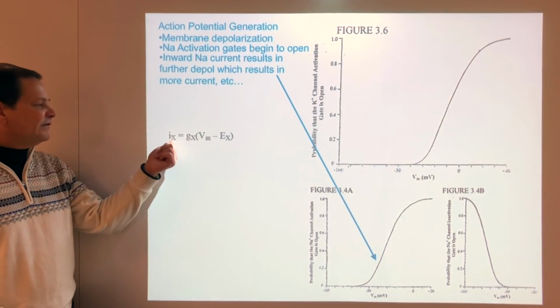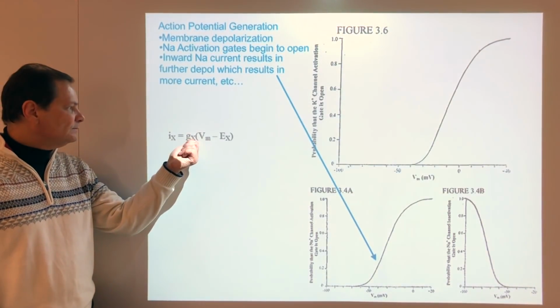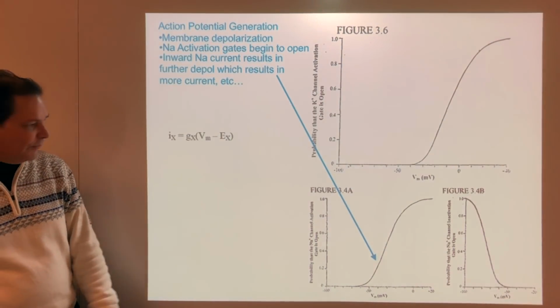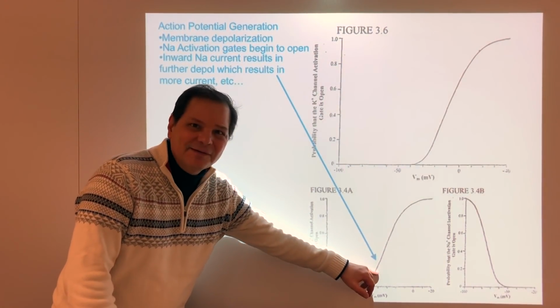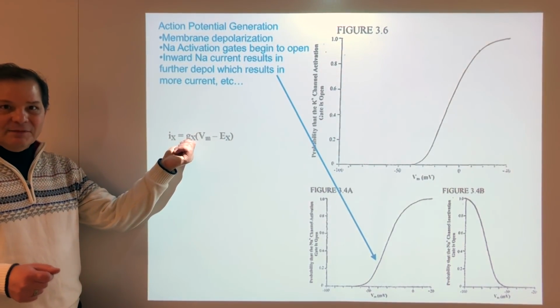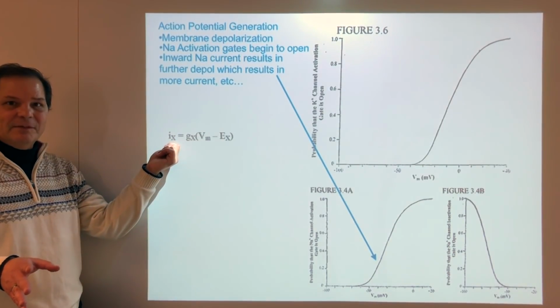Okay, so that generates a current, I_Na. All right, the more channels you flip open, the bigger I_Na. Okay, so the bigger your depolarization here, if it's quick, the bigger this term, meaning the more open channels you have, and so the bigger this term, which is the sodium current.